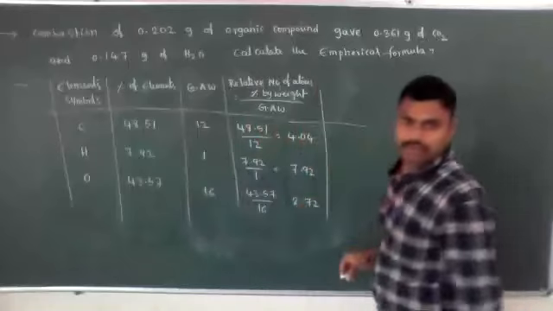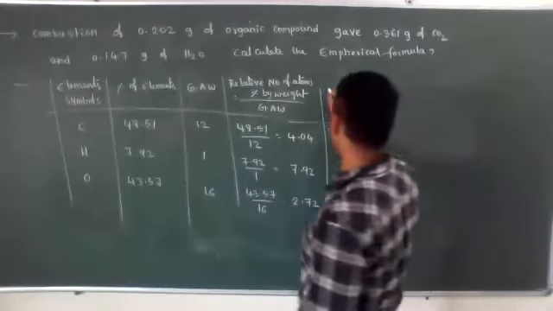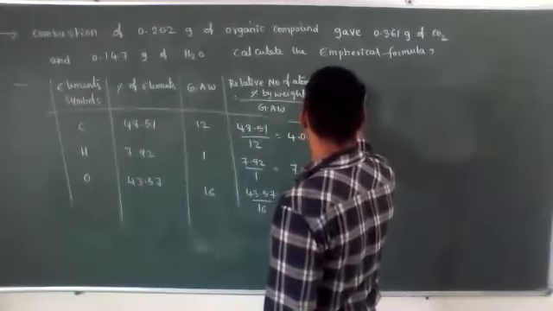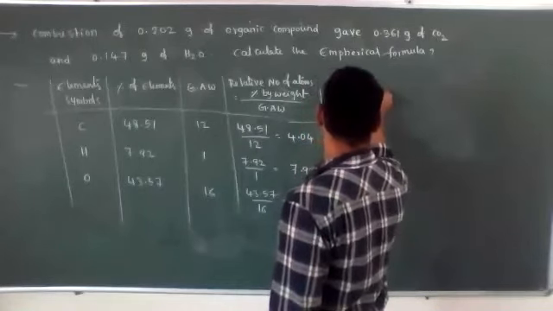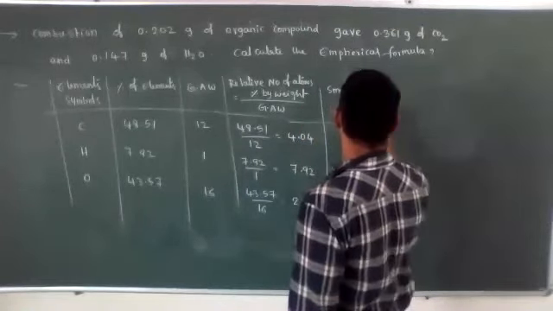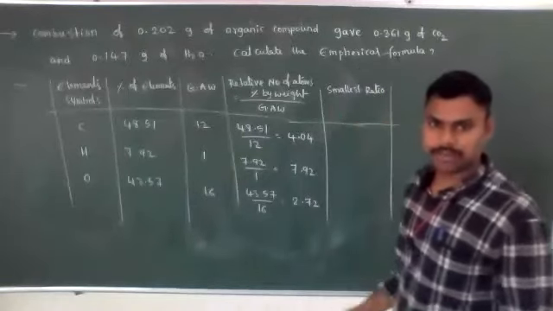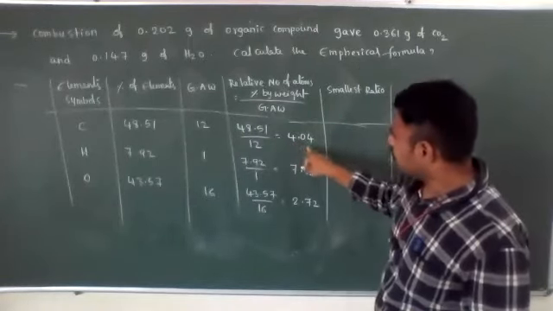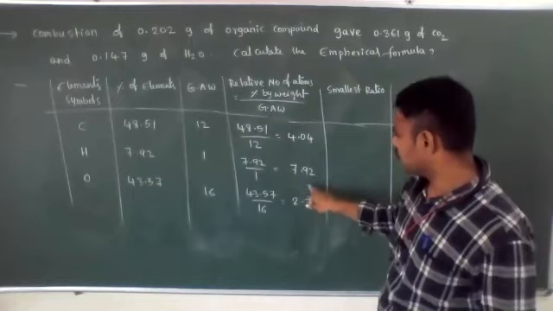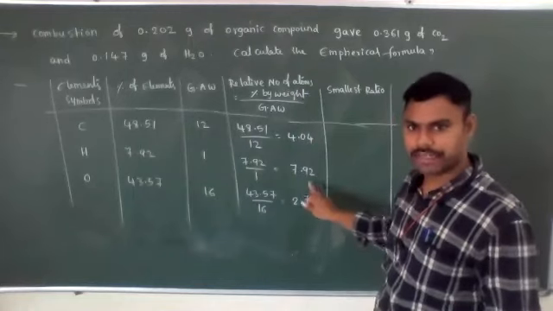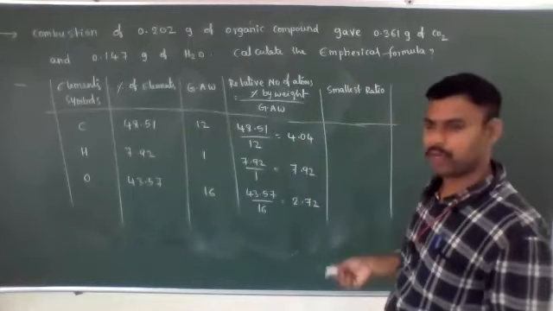Next, simplest ratio or smallest ratio. Smallest ratio means among the given relative numbers of atoms, which is the lowest value, 2.72, we need to divide all values by 2.72.